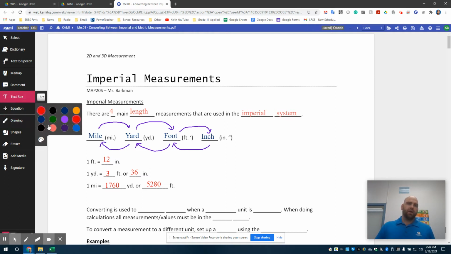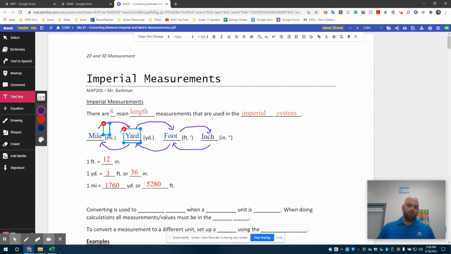If we want to go from miles to yards, we need to multiply by 1,760. Okay, that's how many yards in a mile. If we want to go from yards to feet, we multiply by 3. And if we want to go from feet to inches, we multiply by 12.